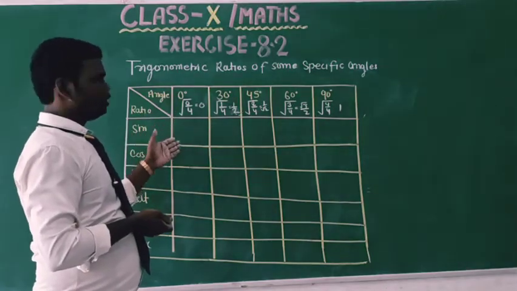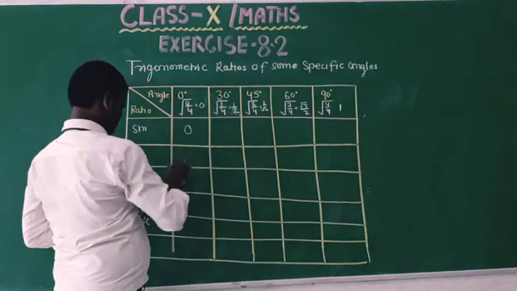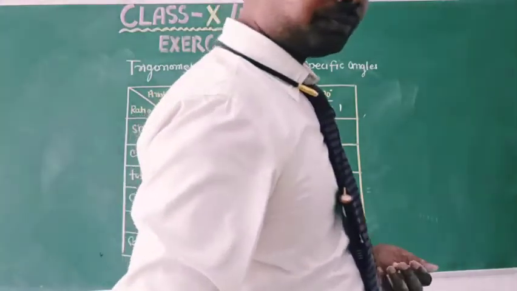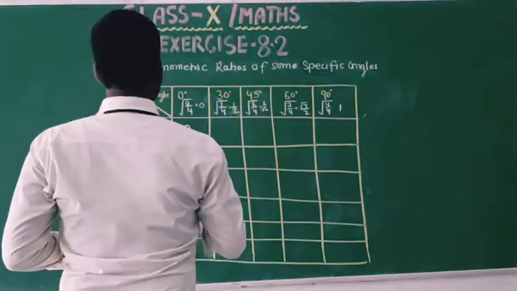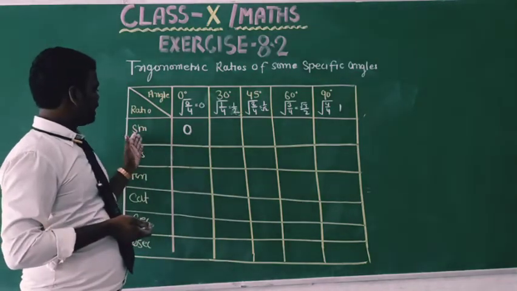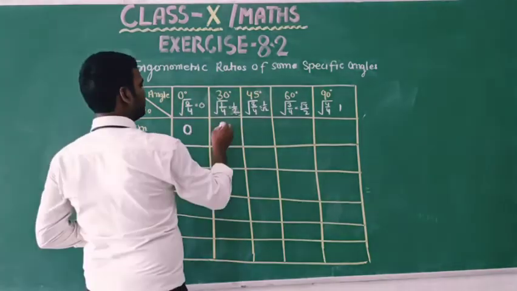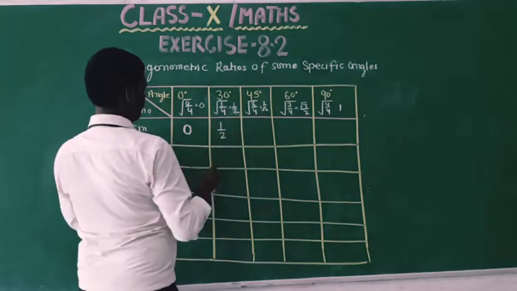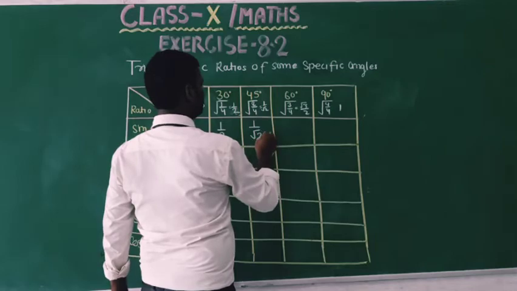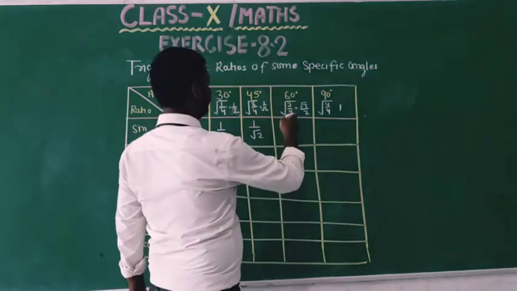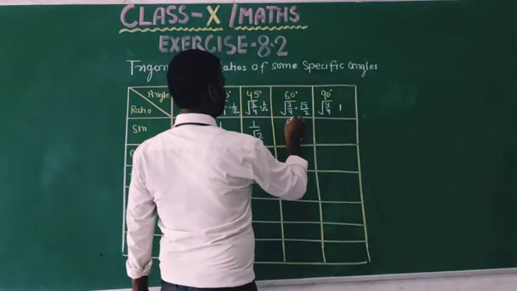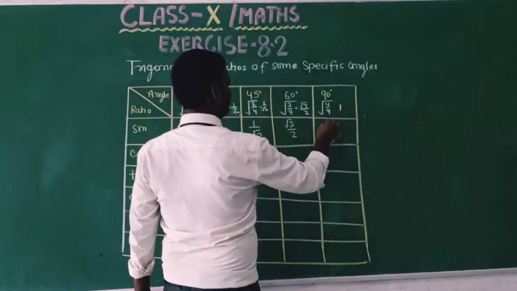So the value of sine 0 degree is 0. Sin theta for 30 degrees is 1 upon 2. For 45 degree it is 1 upon square root 2, for 60 degree root 3 by 2, and for 90 it is 1.